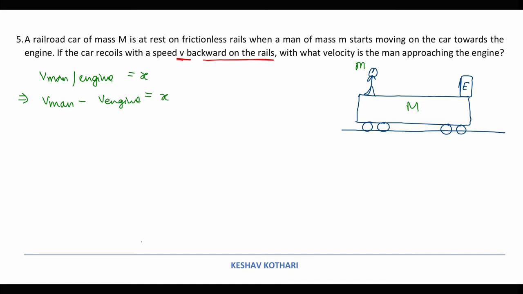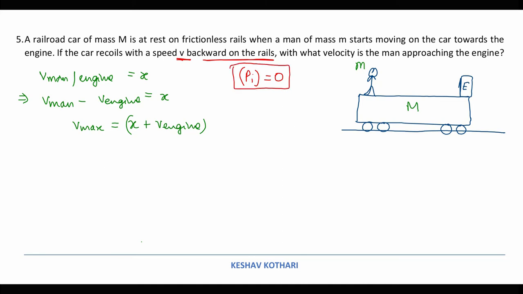So from here I can say that the velocity of man can be written as x plus the velocity of engine or the velocity of railroad car. So now we are saying that the engine will be recoiling in the backward direction. So this was the initial position where I am marking that the initial momentum of the system is equal to 0.